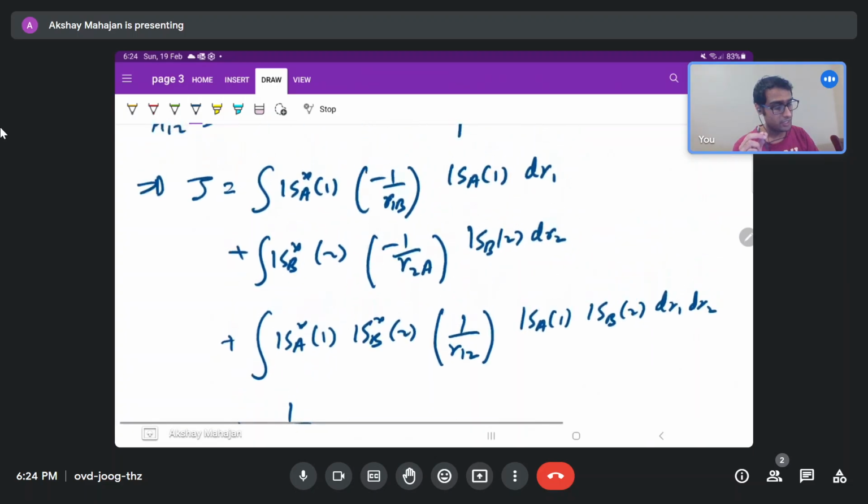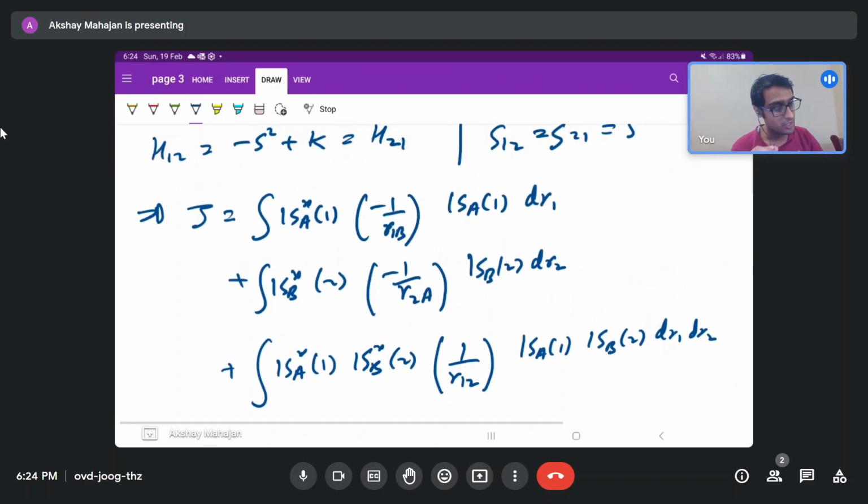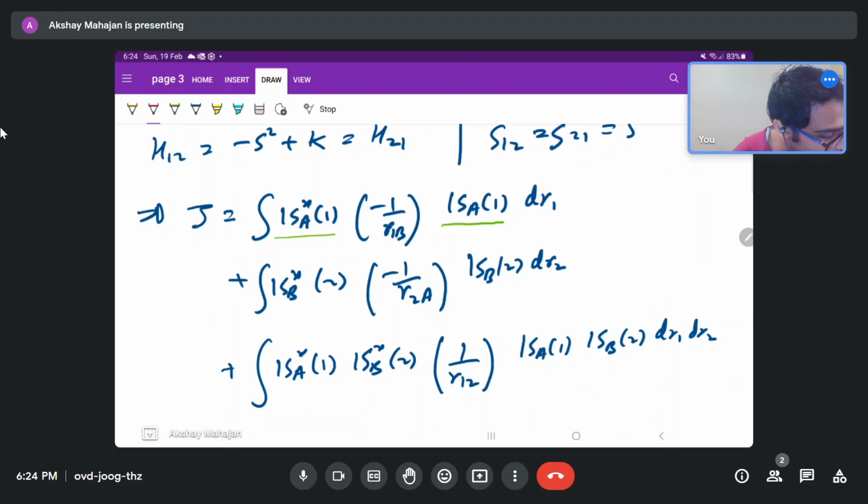Okay, so this is the integral. Basically, we are saying it is a Coulomb integral because if we see these two terms, 1SA star and 1SA1, this represents electron 1 being in the atomic orbital, the 1s orbital of atom A, and 1 over R1B is the operator.